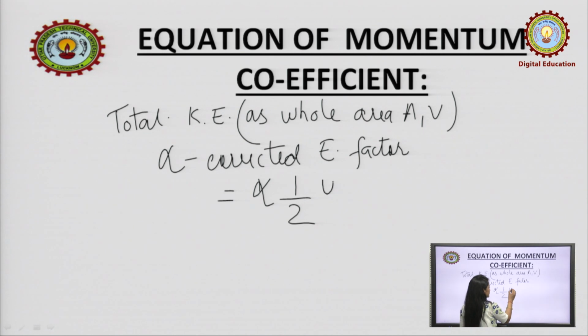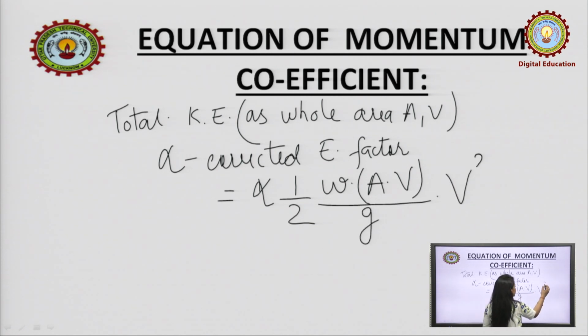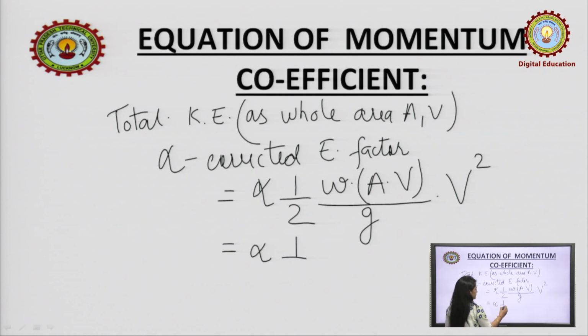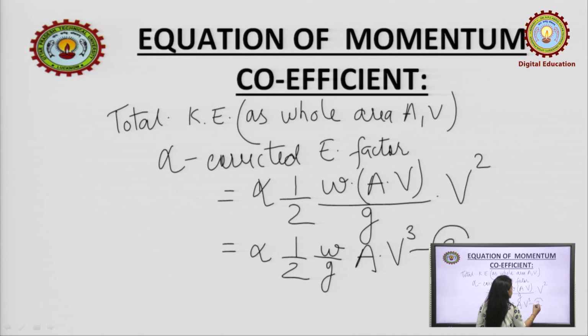Mass can be written as specific weight into capital A into capital V, divided by g, and velocity V square. Similarly, alpha 1 by 2 specific weight by g, capital A, and this will be capital V cube. This is equation number 2.